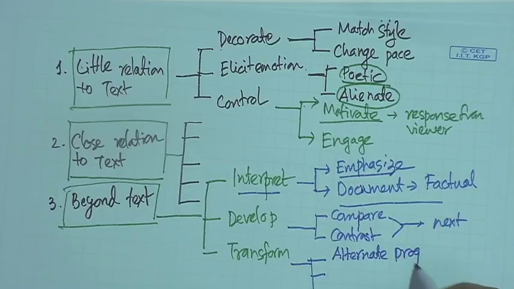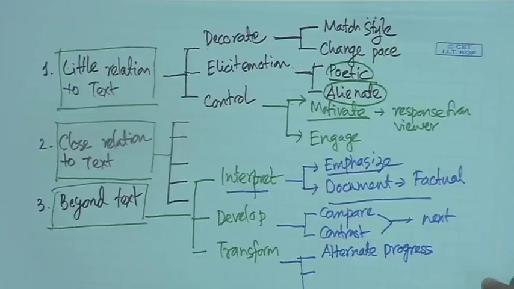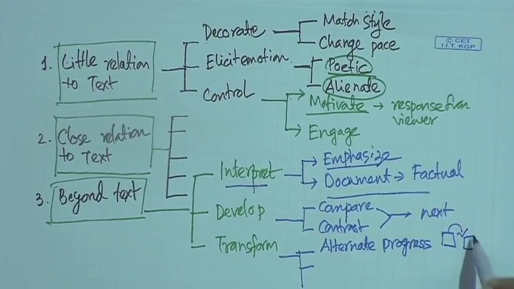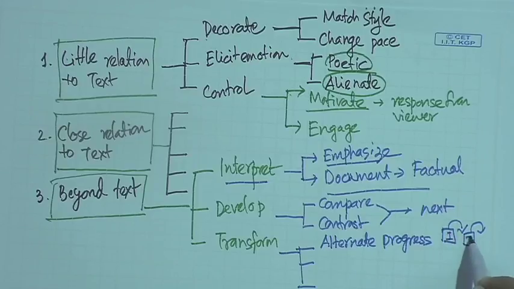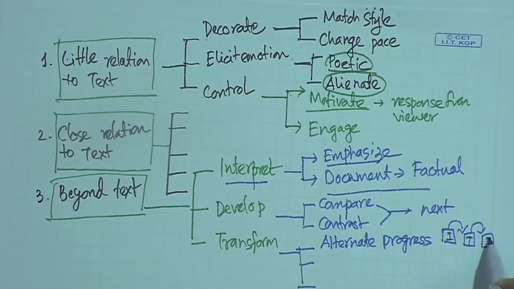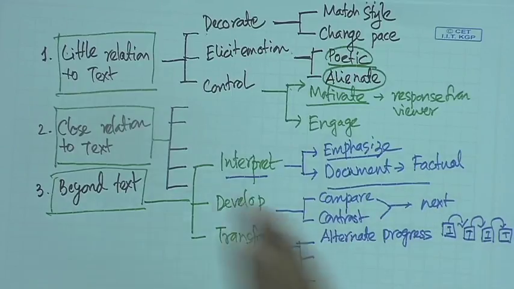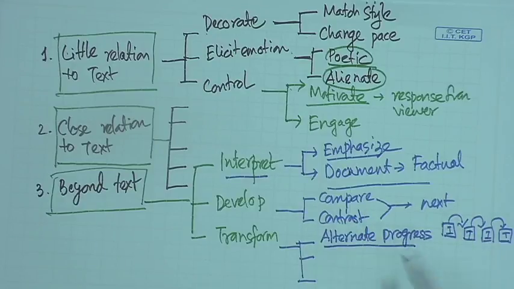Alternate progress means the image and the text are taking turns. So, you have image, you have text, again you have image, then again you have text. They are taking turns one after the other, for expanding the narrative. So, this is the alternate progress and transformation which is taking place.